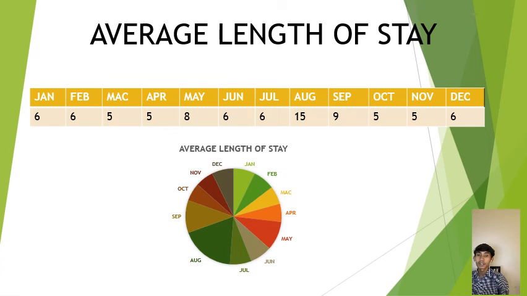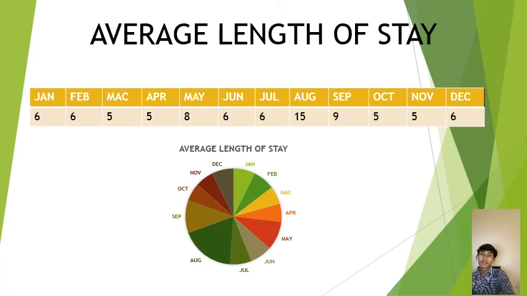For February also 6 days, and March 5 days, April 5 days, May it increased to 8 days, and June 6 days. Also for July and August will be the highest average days that patients spend in the hospital, which is 15.